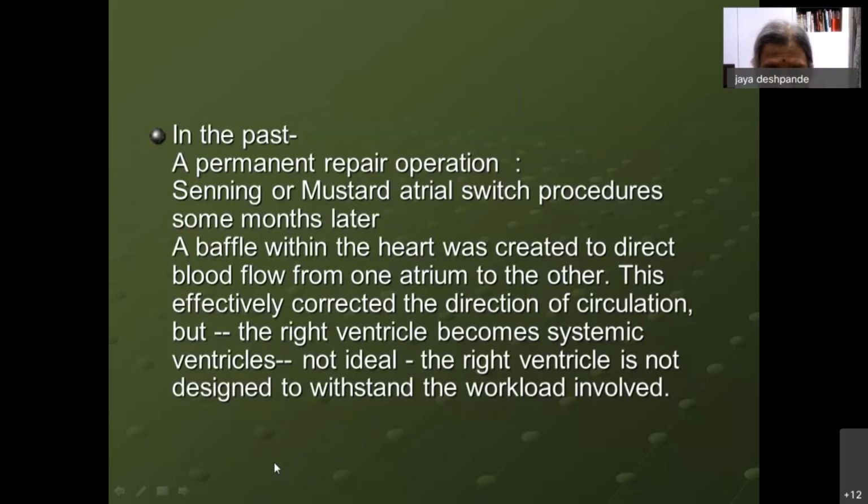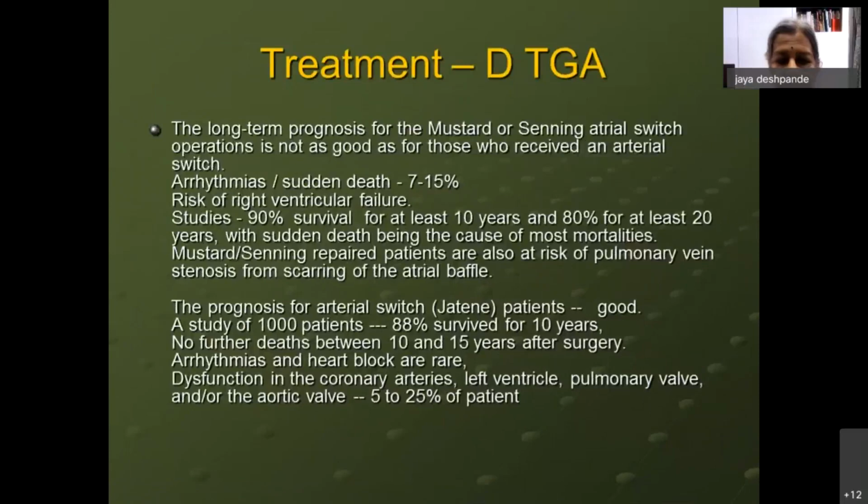The right ventricle is not designed to withstand the workload involved. The right ventricle is not a workhorse like the left ventricle. So the long-term prognosis for Mustard or Senning is not very good compared to an arterial switch.